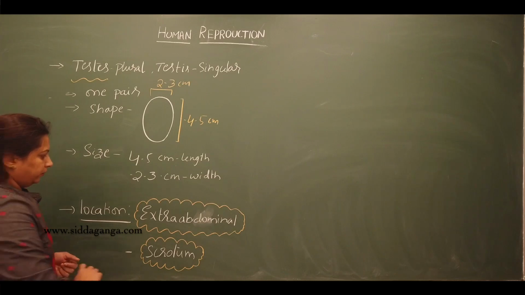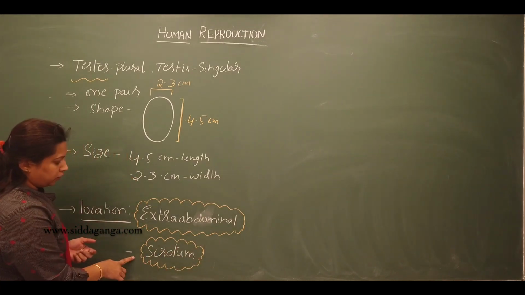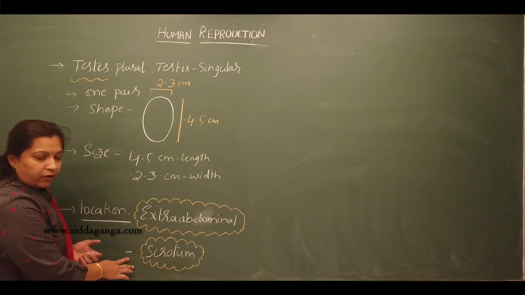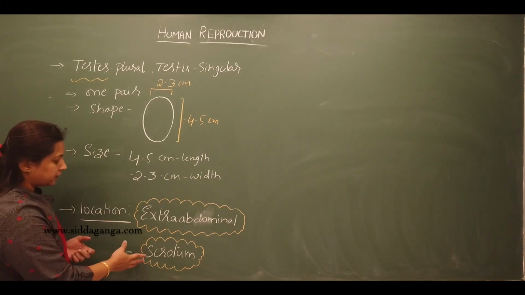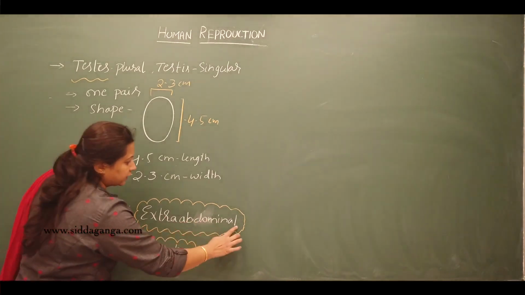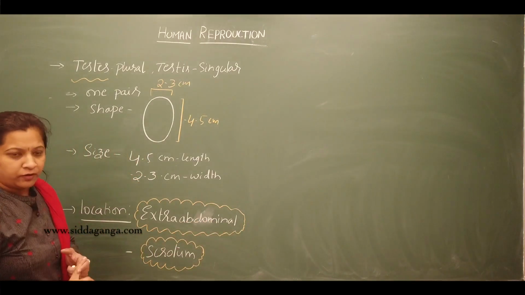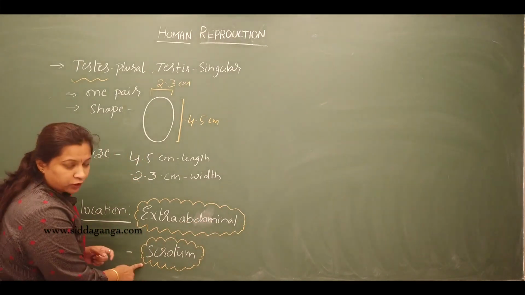Okay. So let us know what is the scrotum and what is its exact function, why the testes are extra abdominal. This extra abdominal point is very, very important from the NEET point of view, and the scrotum also.